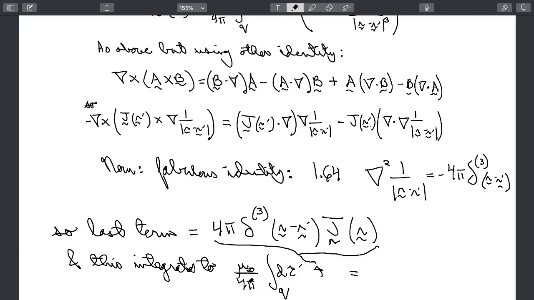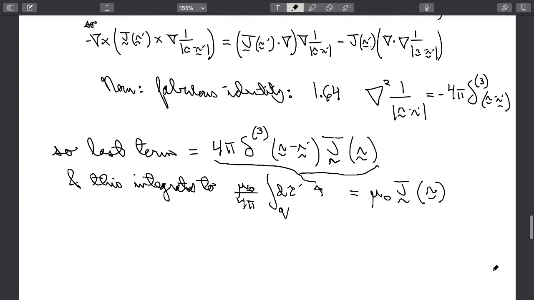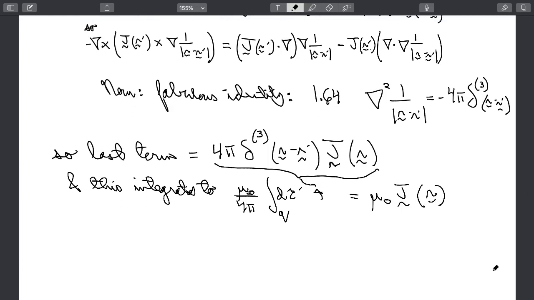You see the 4 pi goes, I just get mu 0 with j at point r. Okay? You can take it if it's important. Okay, so that's just a very simple thing. Now we just need to treat the other term.